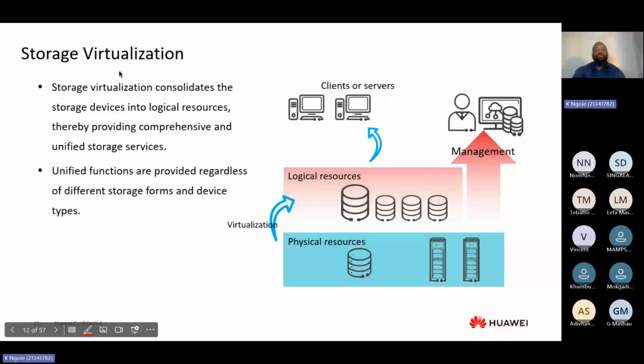In storage virtualization, this just consolidates the storage devices, which is your hard drives and everything, into logical resources. All right. So when we look at that, what we can see is that there are many ways of really increasing the capacity of how much memory you need by just using all these methods here.